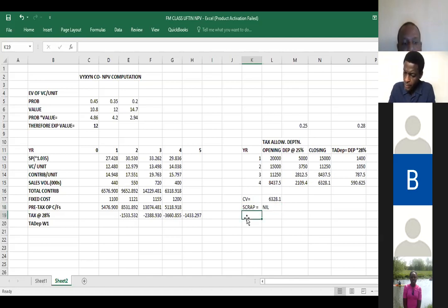So carrying value greater than scrap, so that will imply a loss, right? So we have a loss.